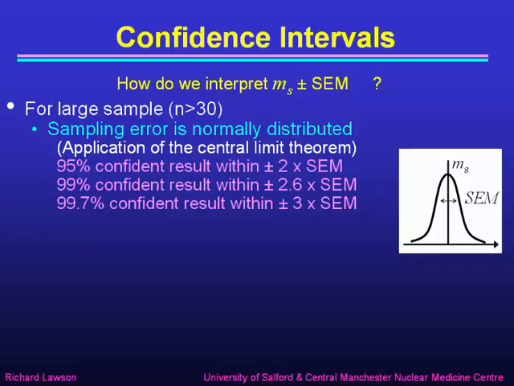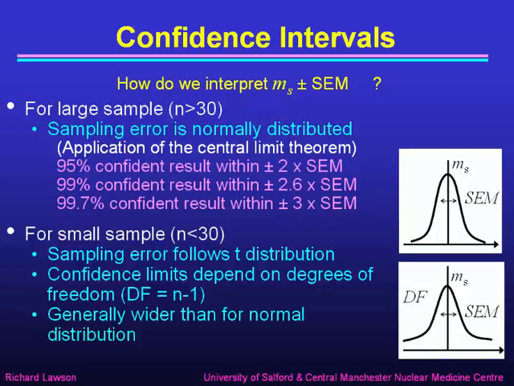So in this case we can say we're 95% confident that our result lies within plus or minus 2 times the standard error of the mean around the mean that we've quoted. We can also say that we're 99% confident that the result lies within plus or minus 2.6 times the standard error of the mean, or 99.7% confident that it lies within plus or minus 3 times the standard error of the mean. Those are all things that come from the shape of the normal distribution.